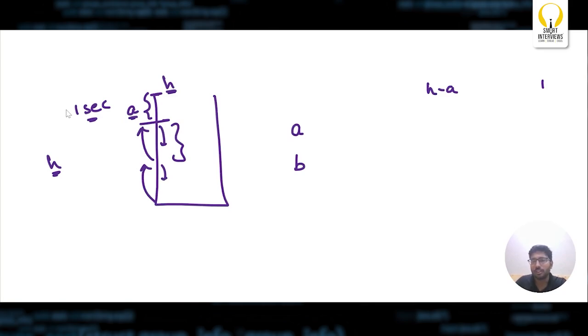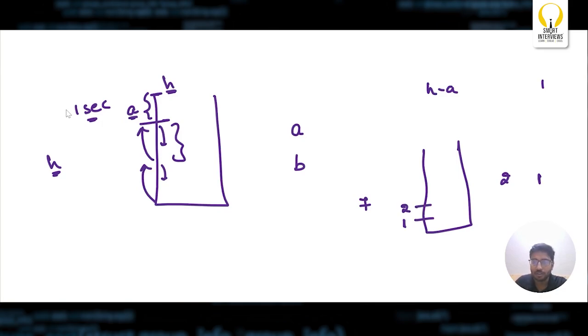Now, let's say we have a well of height 7. Okay, so there is a well of height 7, and let's say we have 2 as the jumping power, 1 as the slipperiness. In 1 second, it will reach a height of 1. Okay, because it will go 2 steps up and it will come down 1 step.